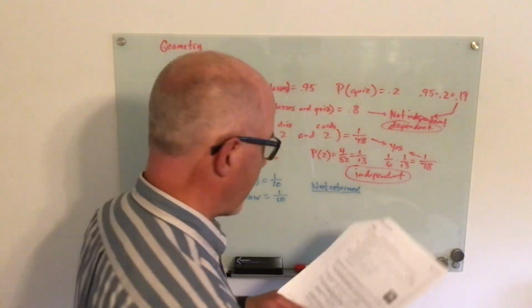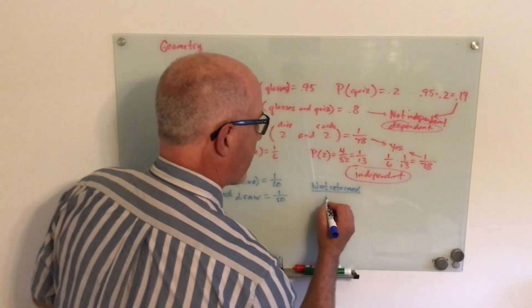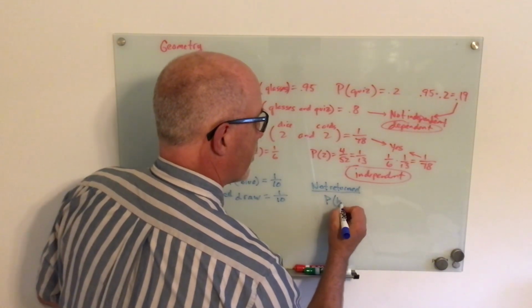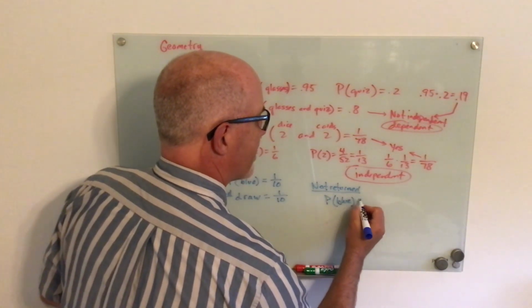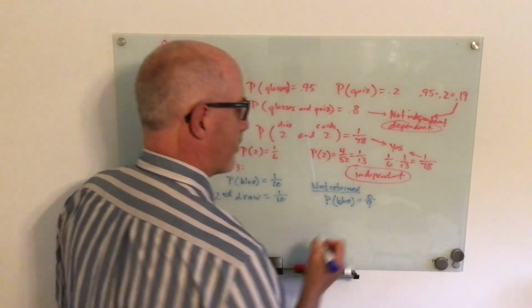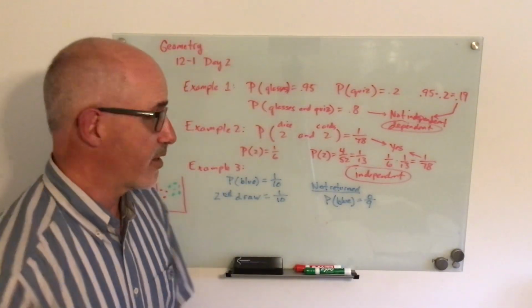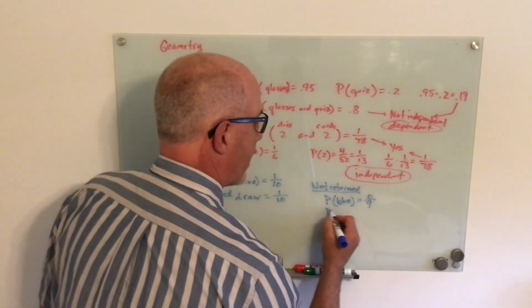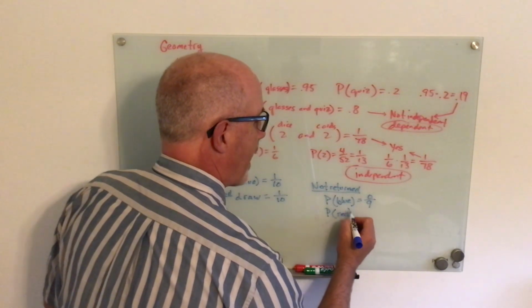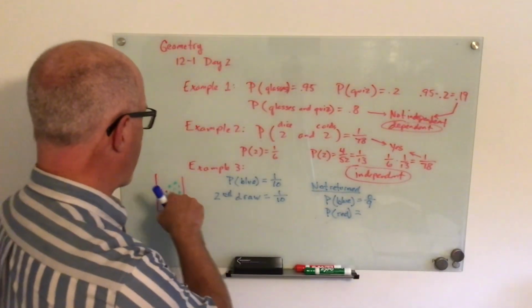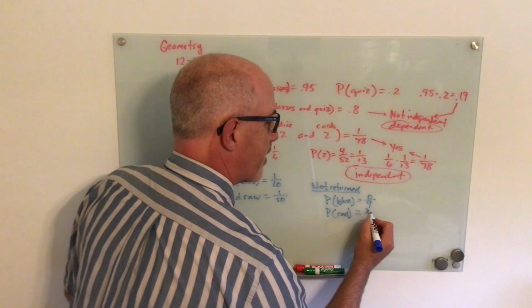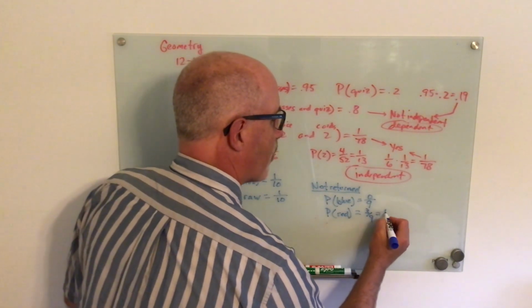So notice that, let's just talk about all of them. The probability of a blue would be 0 out of 9 because there's no blue marbles left in there. Probability of a red, just by the chance that that were to be asked, there's still 3 red ones in there out of the 9 now. So that would be 1/3.